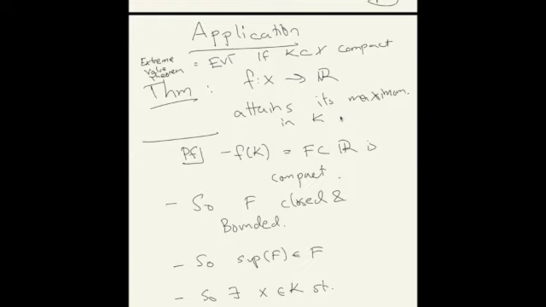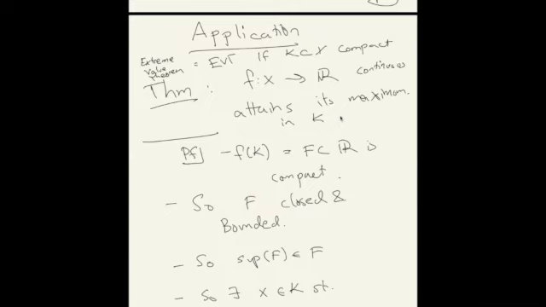So suppose you have the extreme value theorem, a simplified version of it. You have a compact set, you have a continuous function, and you want to say that this function attains its maximum. Well, by what we just said, let's apply that. Since K is compact, we know that the image set f(K) is compact, so it is closed and bounded.